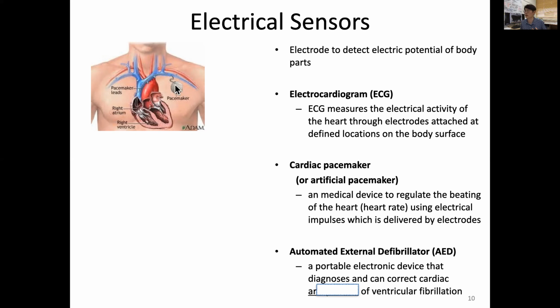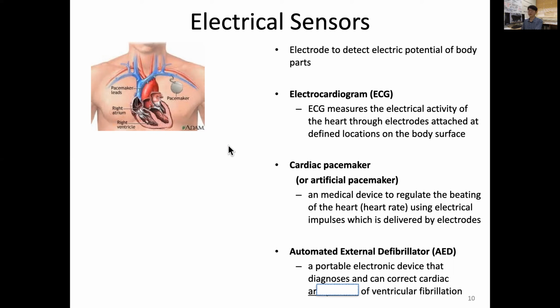You can see here a pacemaker is implantable, and the electrode goes through these veins to the right atrium and right ventricle, so that it can provide a regular heartbeat for those who have a problem with the heartbeat, which we call arrhythmia.